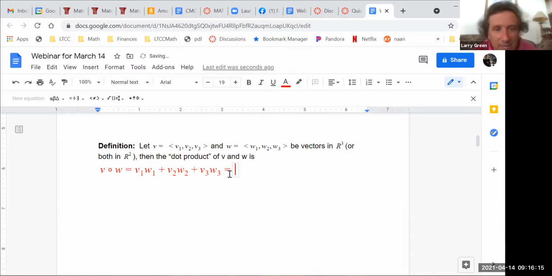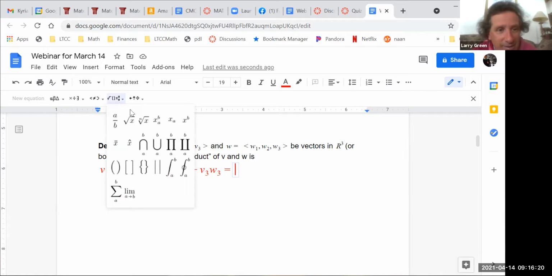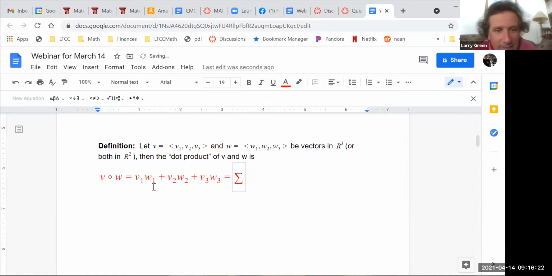Okay, now it's showing. So this could be written in a nicer way as a summation from i equals 1 to 3 of v sub i times w sub i.